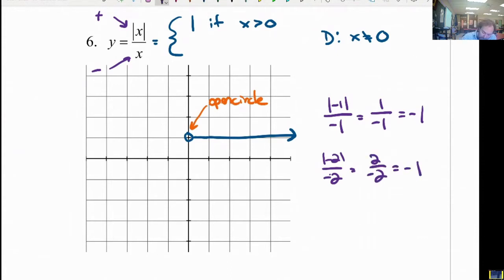So this graph returns negative 1 if x is less than 0. So thinking about this like a piecewise function is a really good idea. Again, I'm going to put a big open circle because there is no function for 0. But down here, it looks like this. This graph shows up all the time in AP Calculus, so something to be ready for.